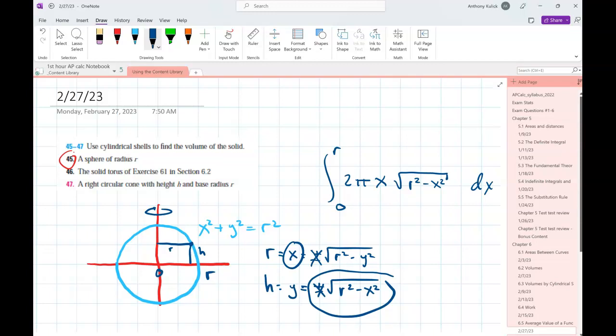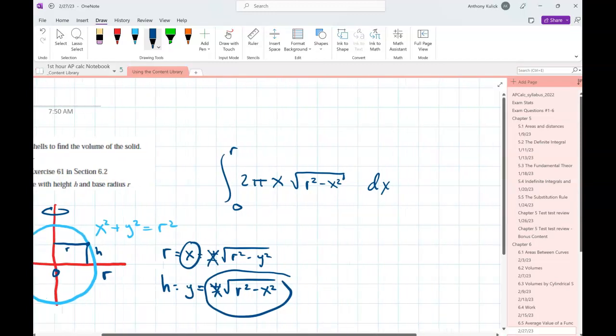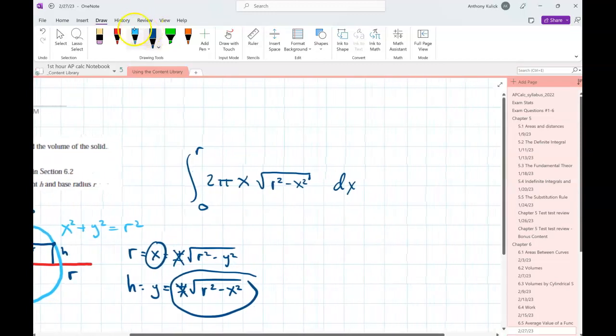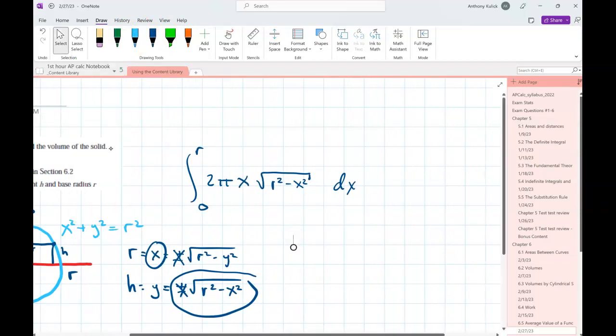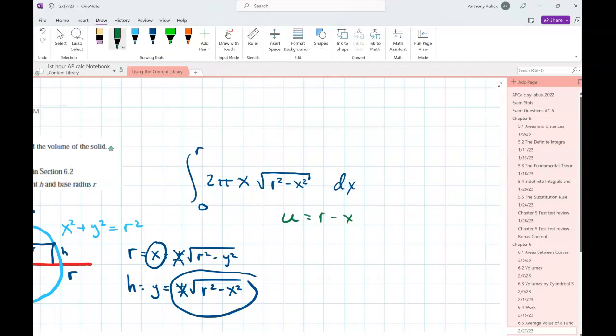Everybody feel okay with that? Now, to do this integral, what are we going to have to use? U substitution. Yeah, what's the u in this case going to be? R squared minus x squared.